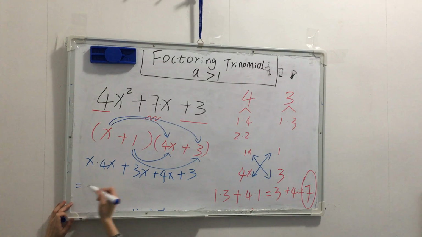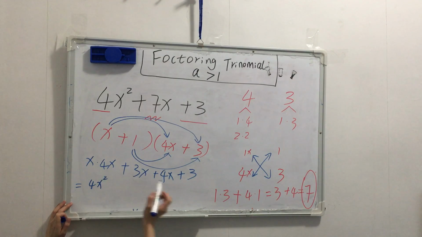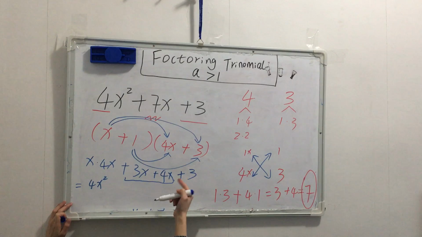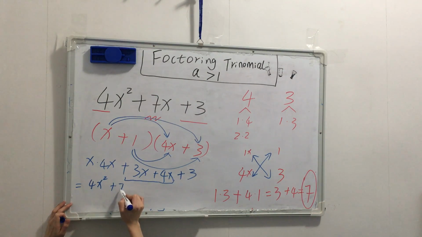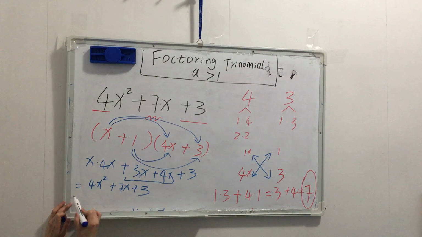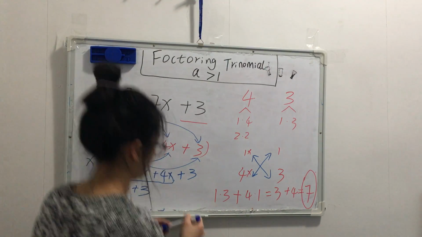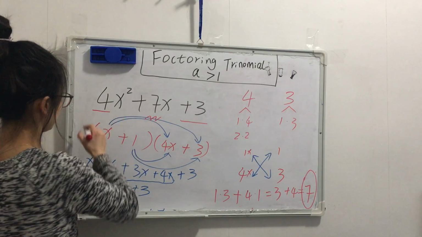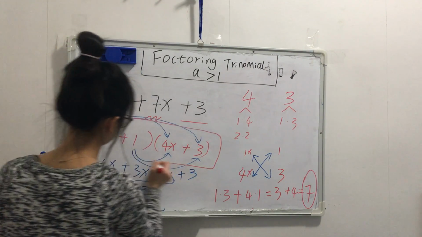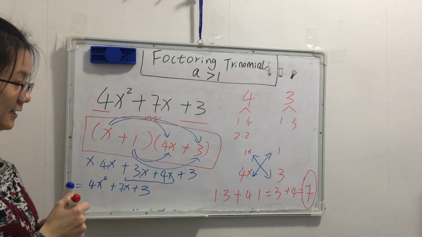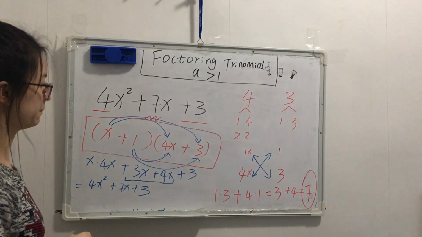Then we combine like terms: 3x plus 4x is 7x, and then we have the constant 3. You see, this is exactly the same as the original. So this is our answer. This is how we write it as a factored expression.